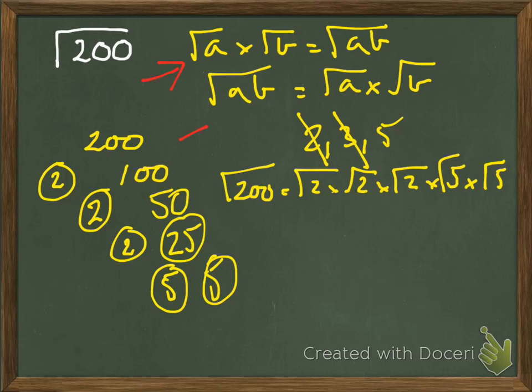And I'm also going to use root a times root a equals a. So I've got root 2 times root 2, which is 2, times, well, I've just got a single root 2 there, and then I've got root 5 times root 5, which is 5. So 2 times 5 is 10, times root 2, which is exactly the answer we got. So the point here is that prime factorization, if you cannot see quick multiples, will get you out of trouble.